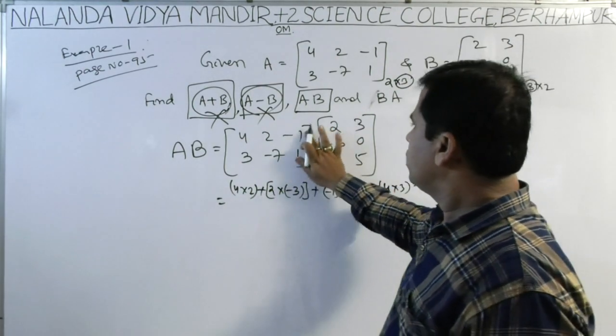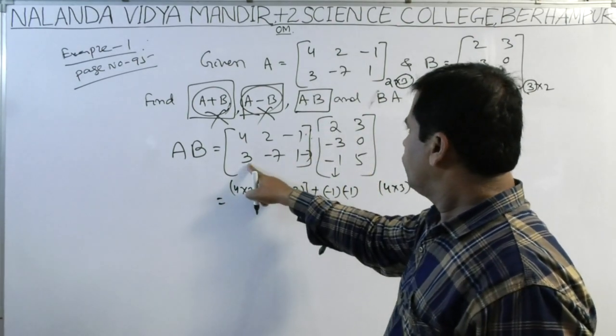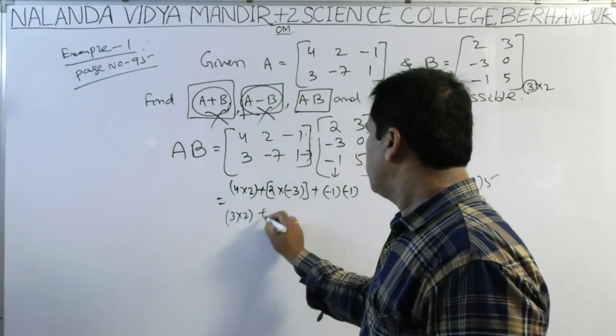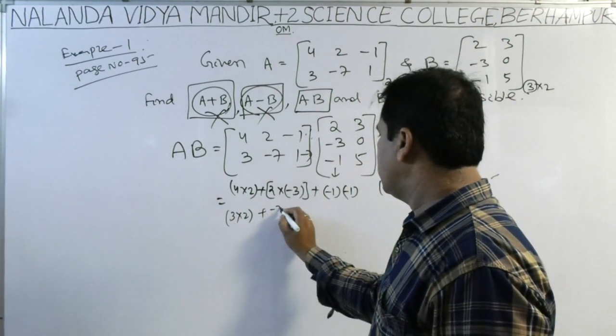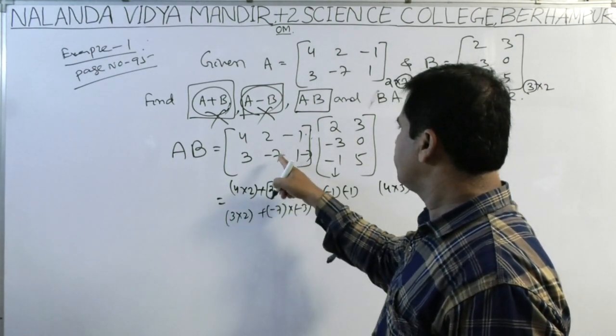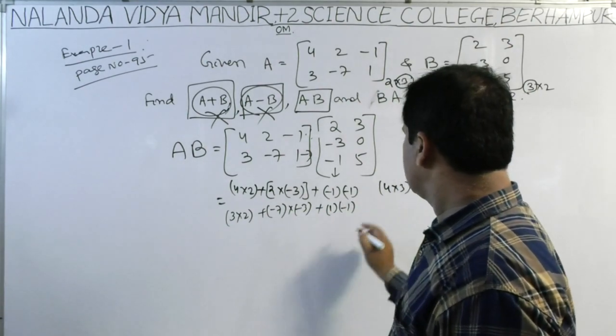Then we go to the second row. Second row, first column: 3 into 2 plus minus 7 into minus 3, then plus 1 into minus 1.